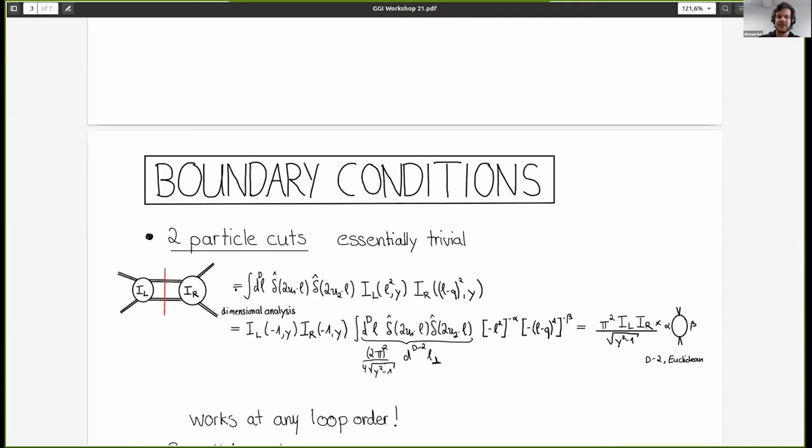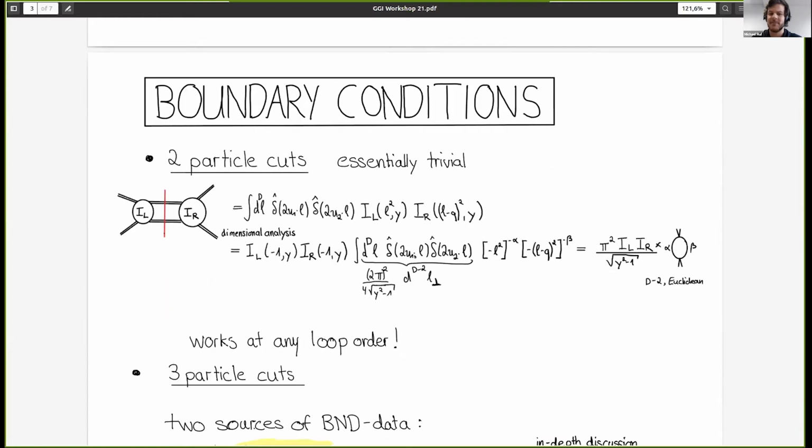So the first type of integrals is two-particle cuts. Those are essentially trivial for us, and there's also something that was in Ludovic's talk. Basically, once you have a two-particle cut, it reduces to some transverse convolutions between some left-hand side and some right-hand side. And the soft expansion essentially trivializes the integrand insertions on the left and the right of the cut, because it can be fixed simply by dimensional analysis.